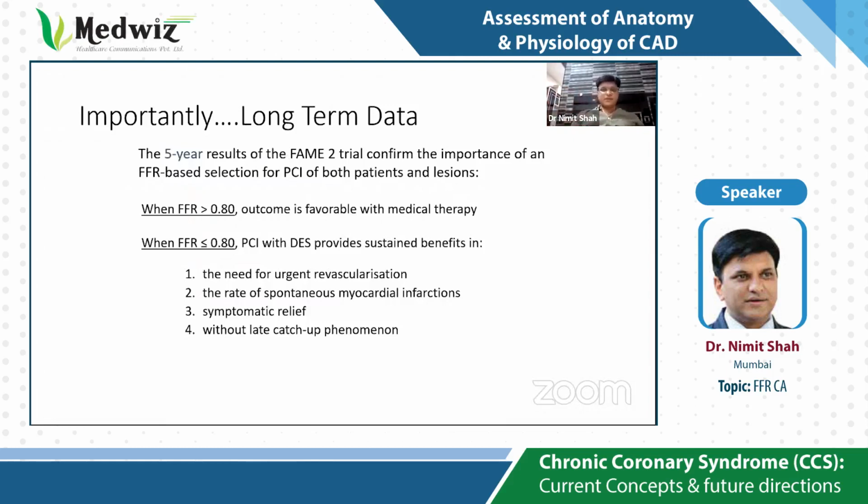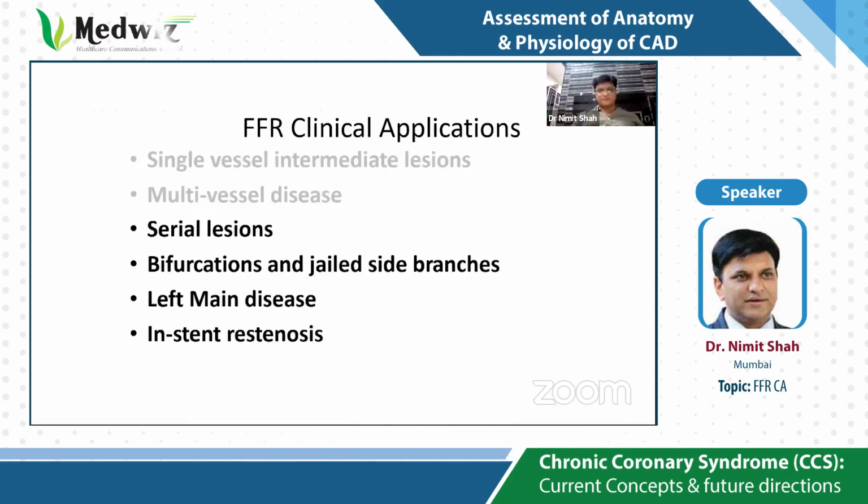If FFR was less than 0.8, PCI provided sustained benefit in death, the need for urgent revascularization, the rate of spontaneous myocardial infarction, and symptomatic relief, without late catch-up phenomena. So these were all benefits obtained and documented with the use of FFR.